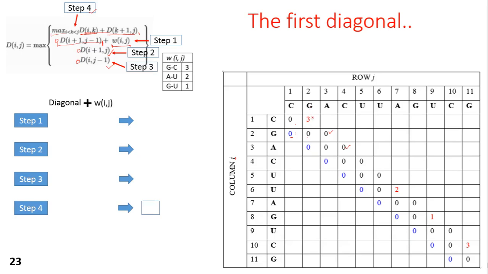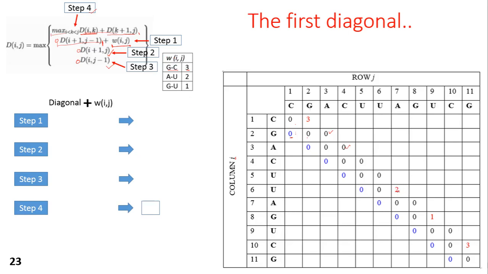Why have we added the weight value? Because this box corresponds to base pairing of G with C. And what is the base pairing value of G with C? For G with C, we have got 3. Therefore, we have placed 3 over here. Over here we don't have any kind of base pairing. Over here we don't have any kind of base pairing as per the weights that we have been provided.